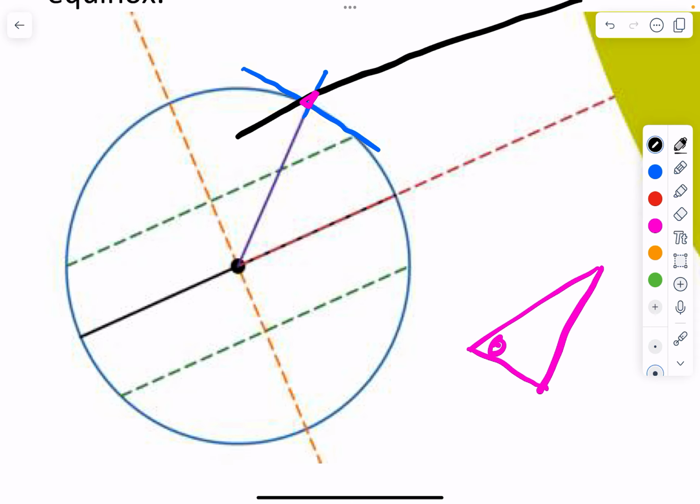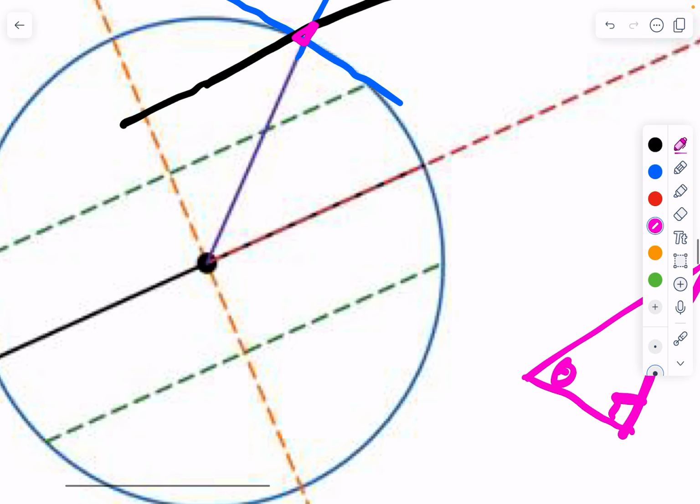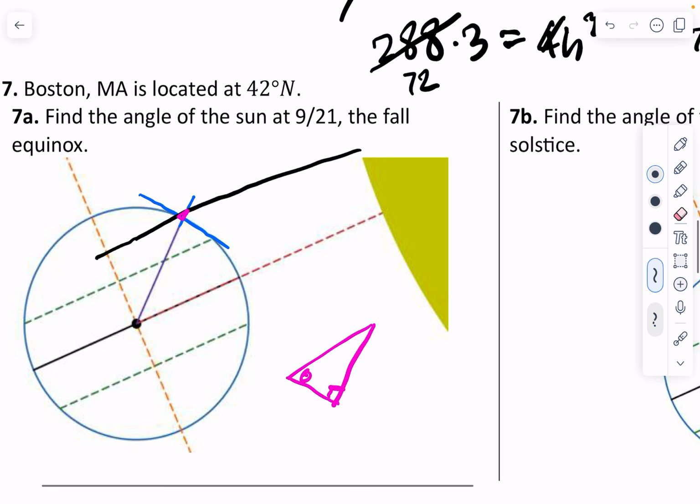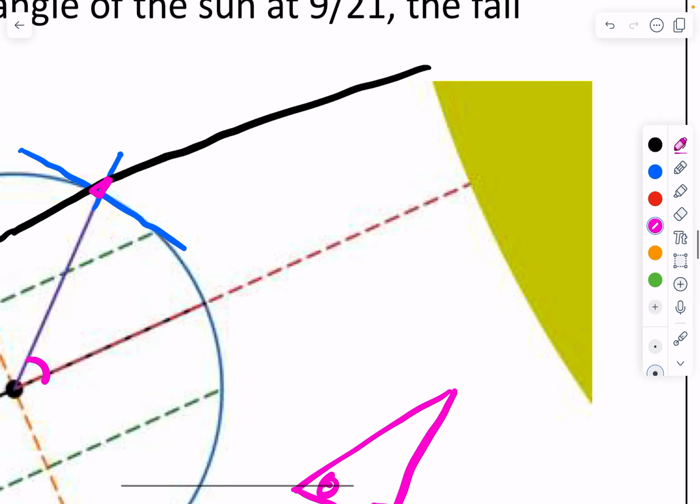So what do we know though? What angles do we know? First of all, we know that this is a right angle because a person standing on the ground is always going to be perpendicular to the ground itself, right? That's kind of common sense. But then we also know this angle. This angle is the same as this arc, right?